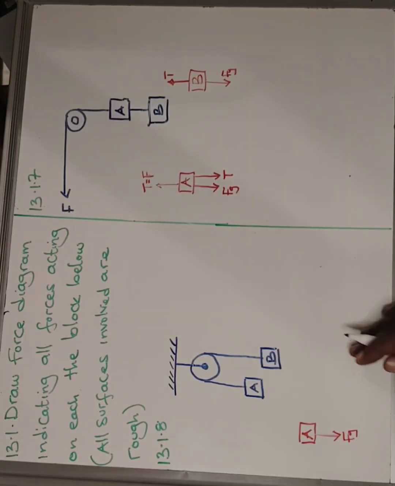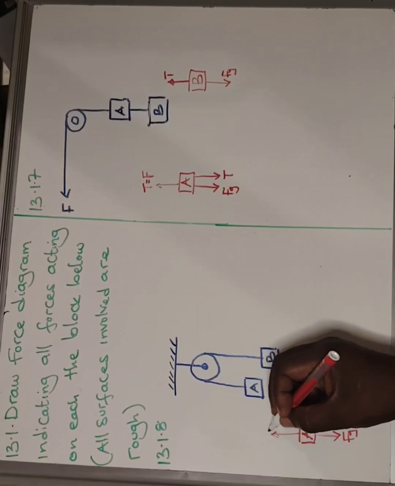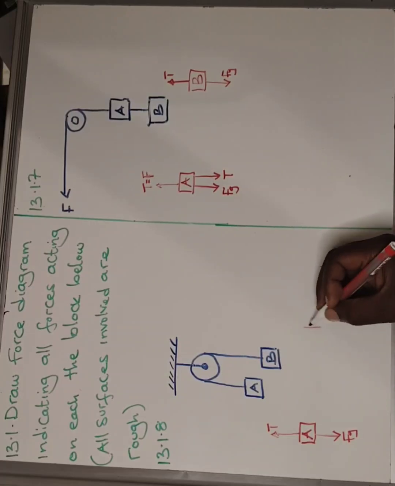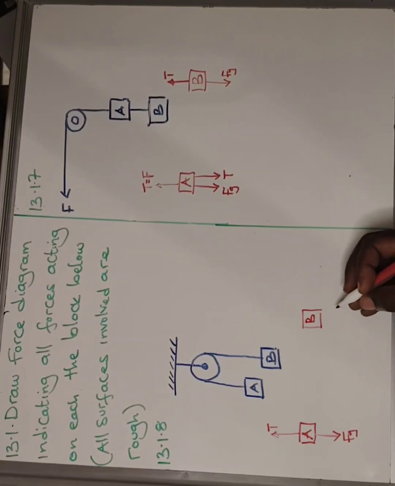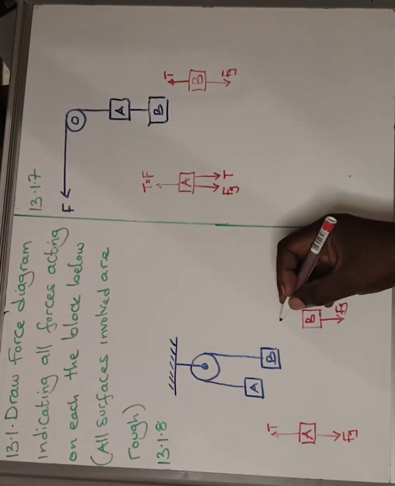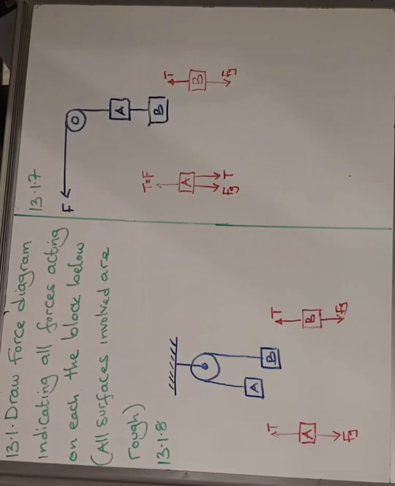What else do we know? We have our tension, and that is all. Let's go to B. What are the forces which are acting on B? We have our Fg, as usual. Then there's a string which brings in our tension. That is that.